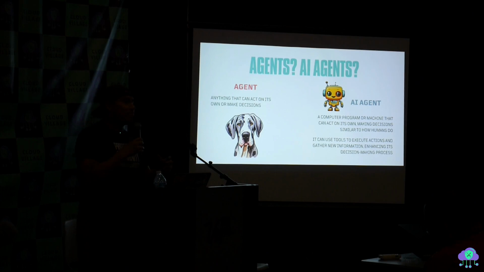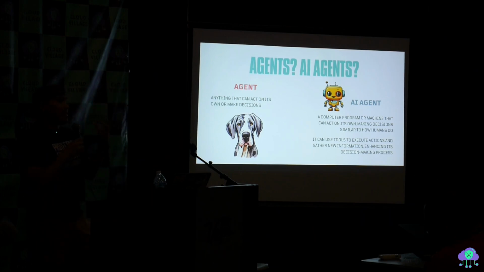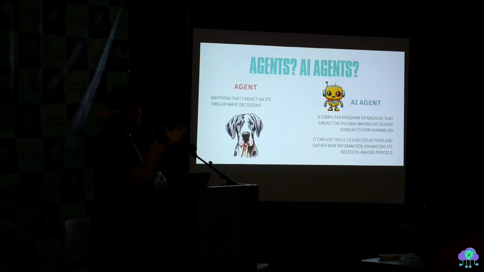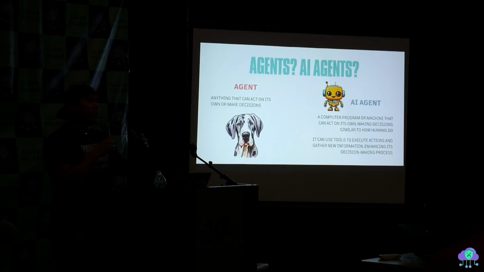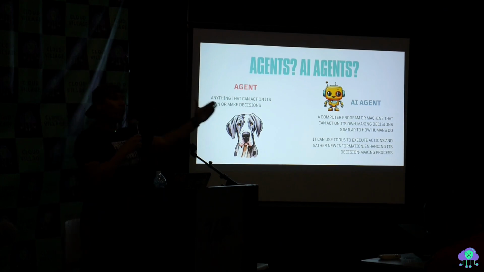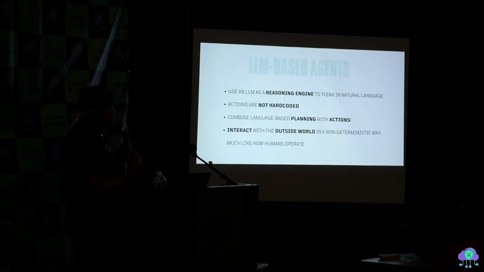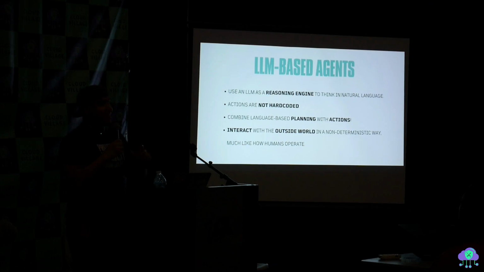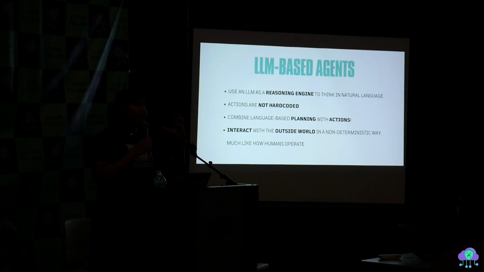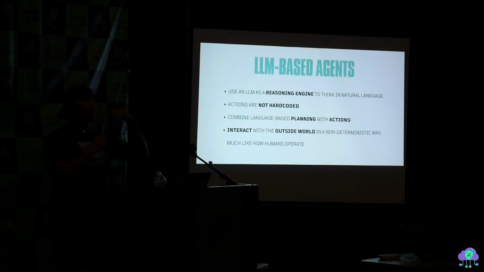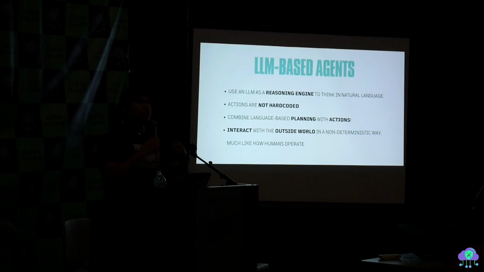I guess it could be a script, it could be a model that is capable of reasoning, and it's going to use, in this case, tools to be able to expose itself to the world, interact with the world, and validate its actions, etc. So an LLM-based agent is an AI agent that is using LLMs to help with the reasoning of what's actually going on at the moment. If I want to execute an action, I can use the LLM to help me choose the right tool for the specific task, for example, right?